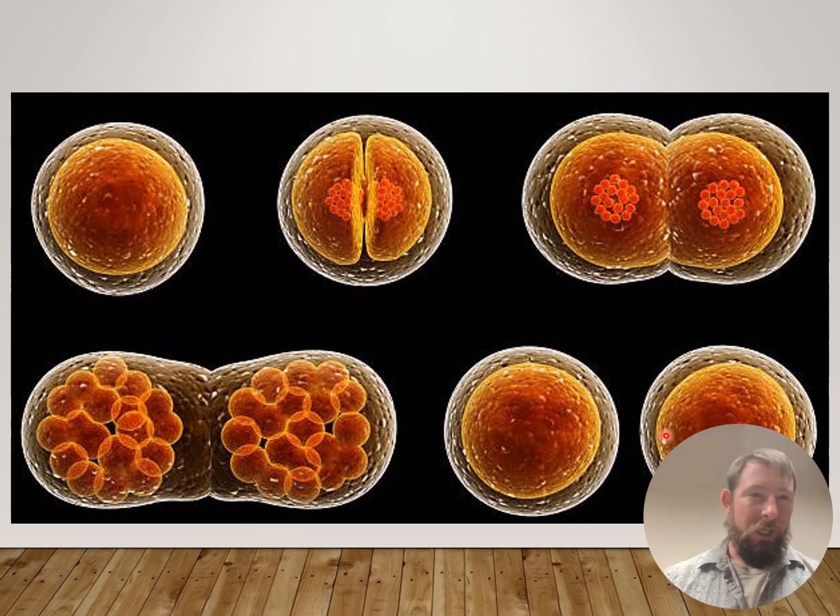All those extra cells came about in this manner, basically with the production of genetically identical daughter cells. When you get a cut or something like that, the tissue or the skin that eventually heals that cut is also produced in this way.